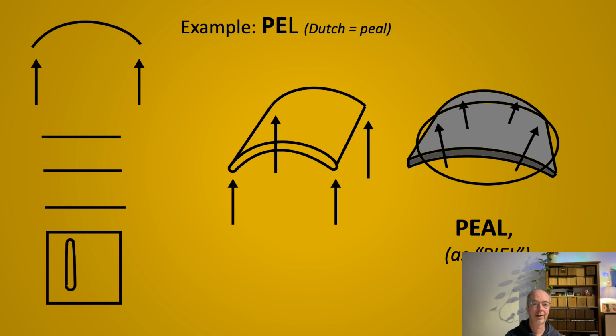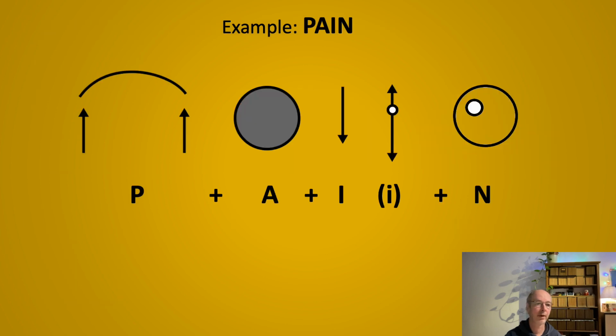Now I'll go to the next word, pain. I have here the P, the pushing up. The A, it's the object. Somewhere else I said it's horizontal, but also this is a tendency. If it's enlarged, it's not enlarged here, it's an object. Let's face it on the object.